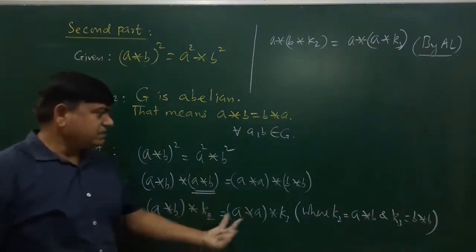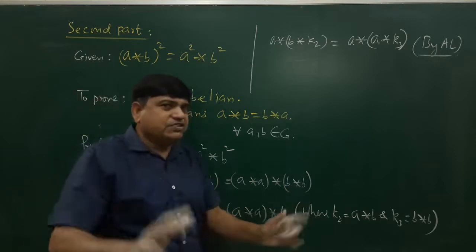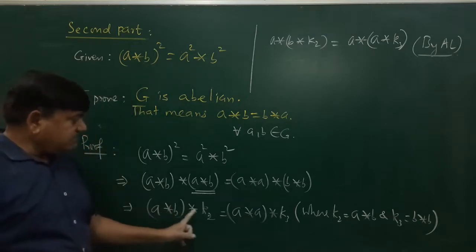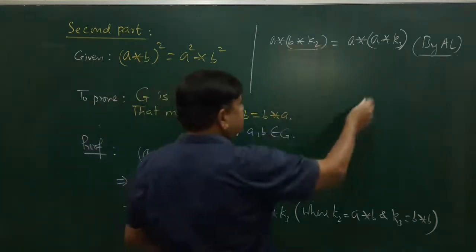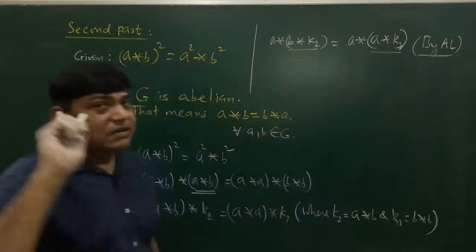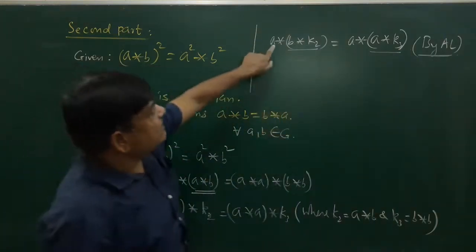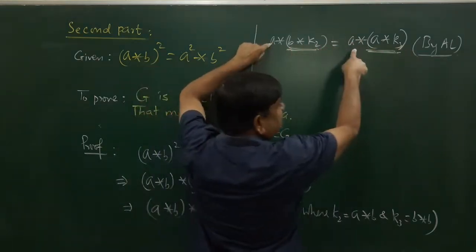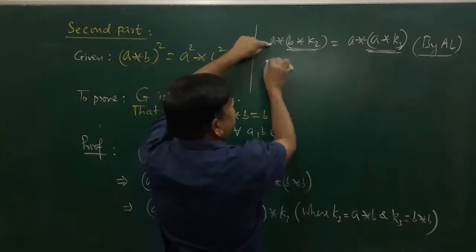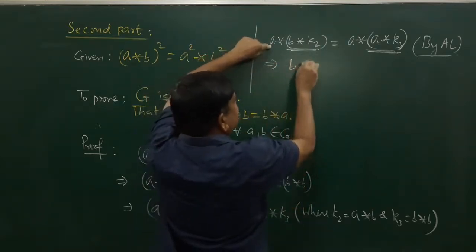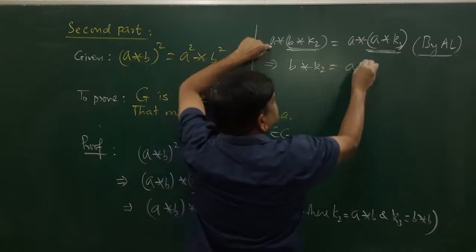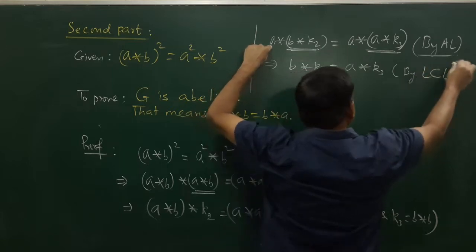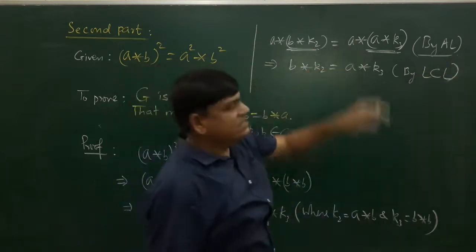This I have assumed K2, this I have assumed K3. So we can apply the associative law. I have already told you. So this is composed with this and this is composed with this. Recall, कुछ याद आ रहा है? Here it is a single side. Here it is, it is also a. We can cancel left side. So this implies by left cancellation law, this a and a is cancelled out.